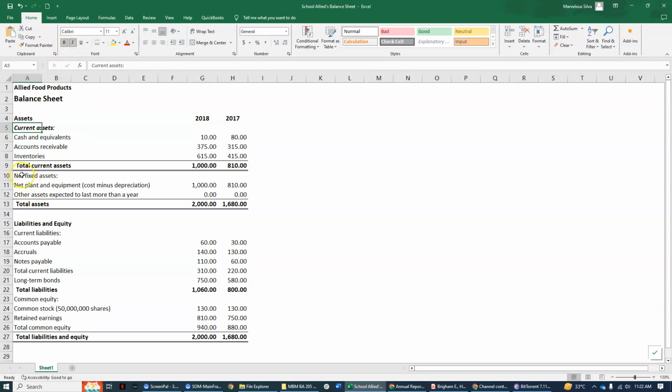As you can see, the total assets of this balance sheet is composed of 1 billion coming from the current assets and 1 billion coming from the non-current. Compared to 2017, the amount of the total assets before is lower than the current.